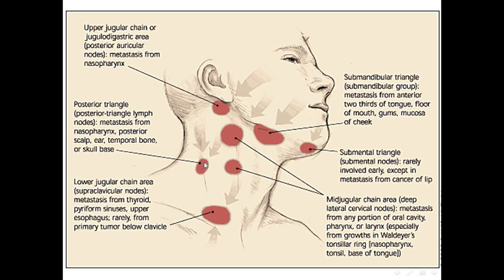The posterior triangle lymph nodes usually drain the metastasis from nasopharynx, posterior scalp, ear, temporal bone, or skull base. And then the supraclavicular nodes may have the metastasis from thyroid, piriform sinuses, upper esophagus, and rarely from primary tumors below the clavicle.